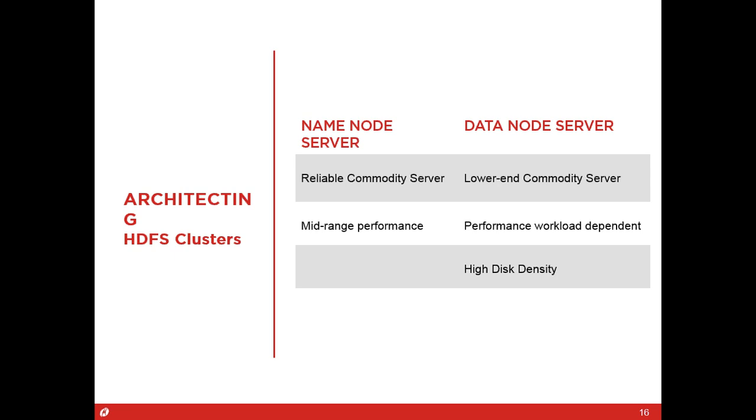Sizing the name nodes in particular is very simple. Given that the name node is pretty critical, you do want a reliable server for all your name nodes. It should have mid-range performance, and this means, for example, server-grade processors like Intel Xeon processors, as well as around 64 gig to 128 gig of RAM. So the general rule of thumb for RAM sizing is about 1 gig of RAM per million blocks of data.